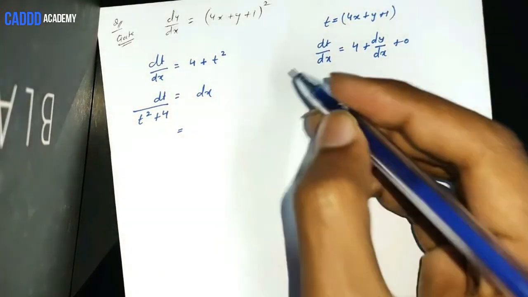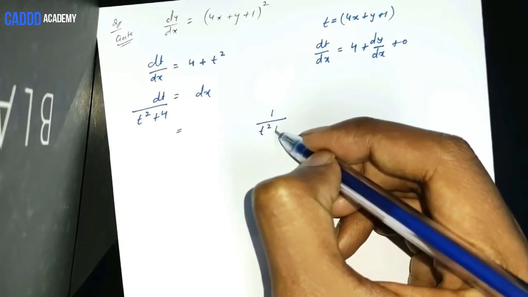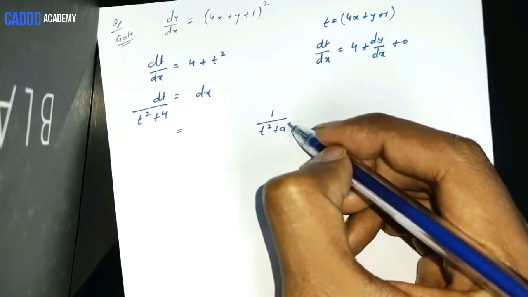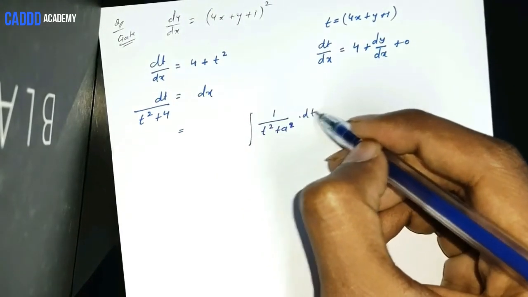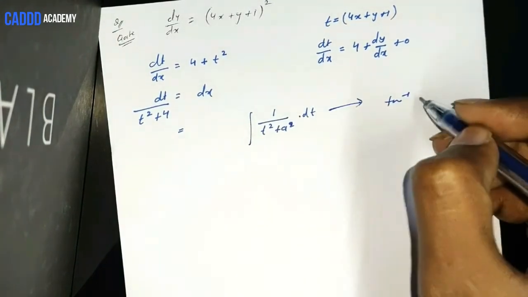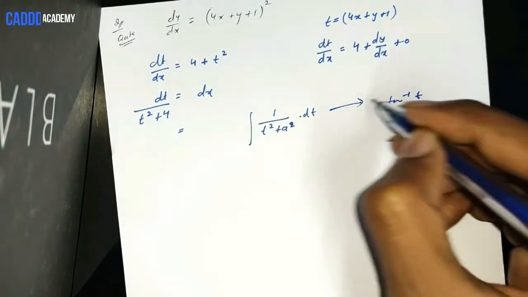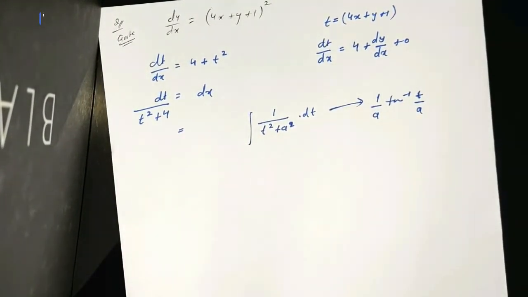We know that the integration of a term like 1 by (t square plus a square) with respect to t gives tan inverse (t by a) into 1 by a. I'm taking a complex problem just to make you learn more things in just one question. I'm not taking very simple problems. You will be able to do those if you learn these types of problems.